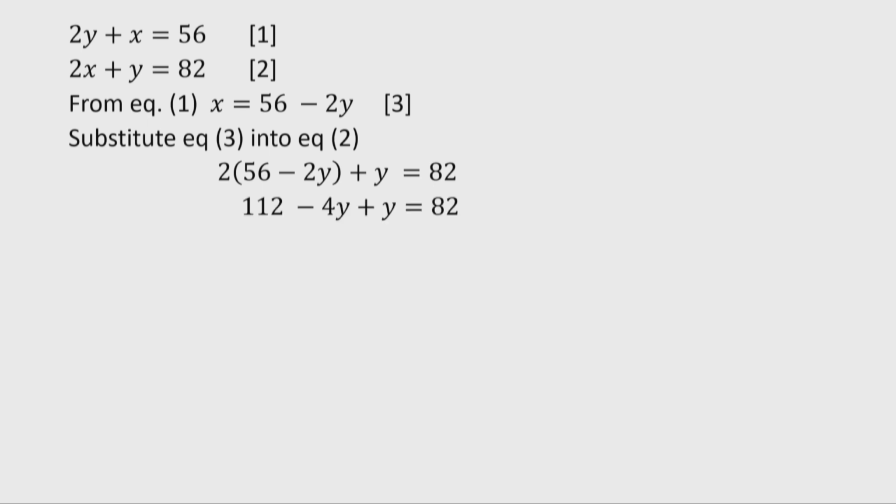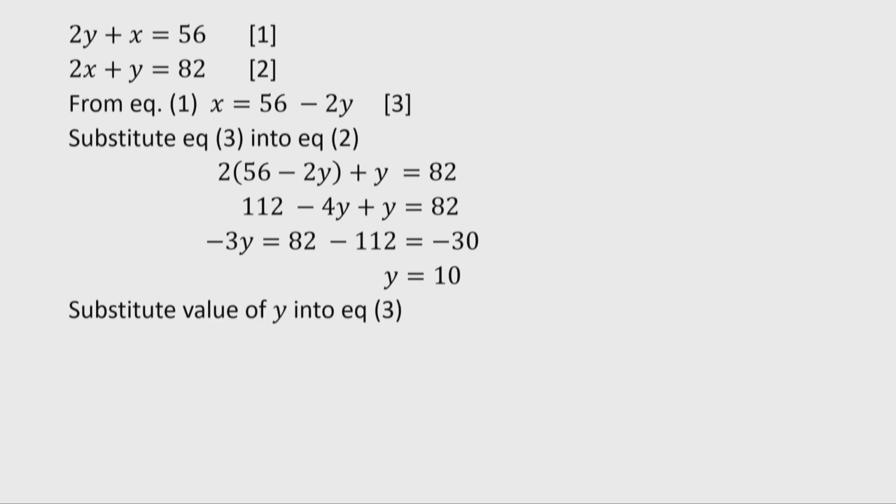Simplifying will give me 112 minus 4y plus y equal to 82, which will give me minus 3y equal to minus 30. 82 minus 112, which is minus 30. So y will be minus 30 over minus 3, which is 10.